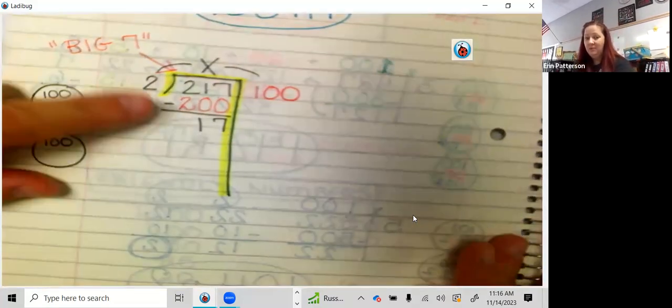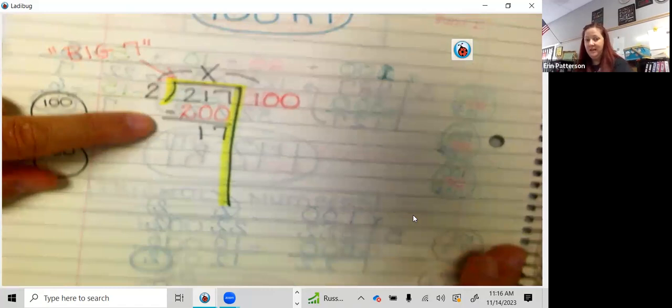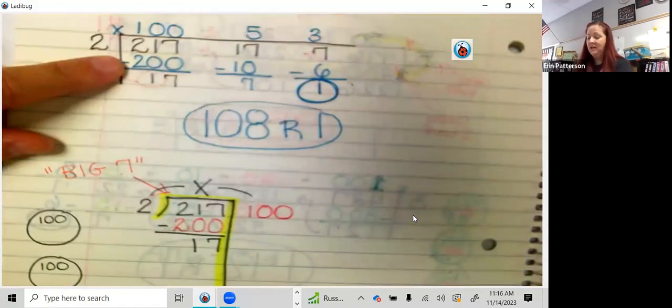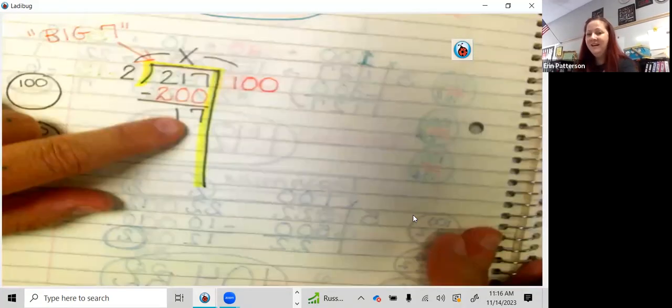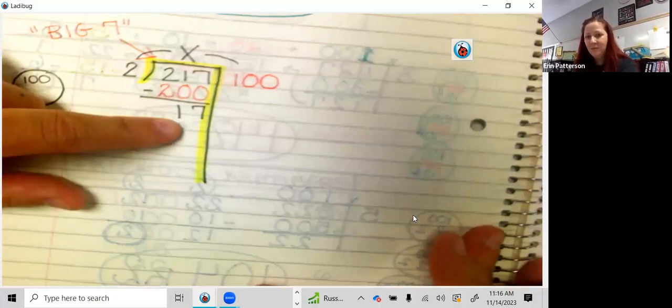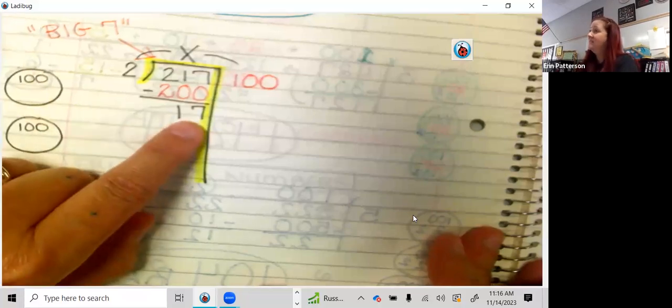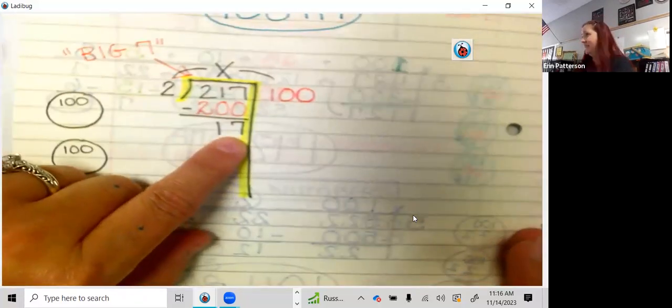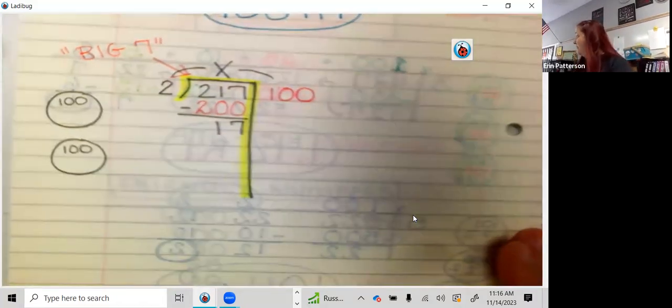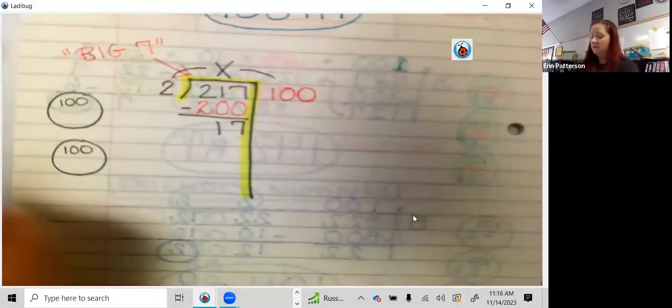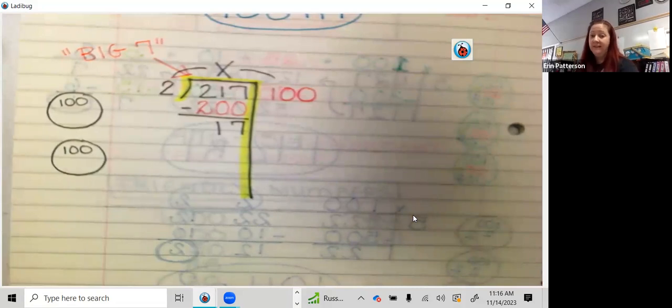Do you see this problem? Do you see it up here? Yes, but now I'm not going to rewrite the 17 anywhere. I've saved myself a step. Now I'm going to say I have 17 pieces of candy left. How many could I give my two kids? Okay, and we said our friendly number was we could give them 5.